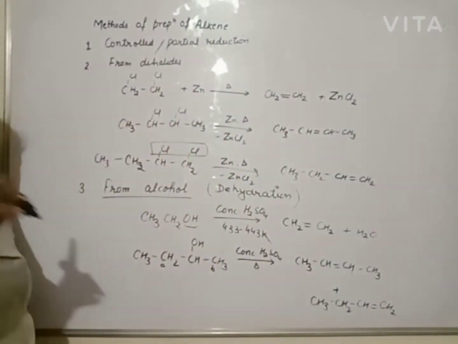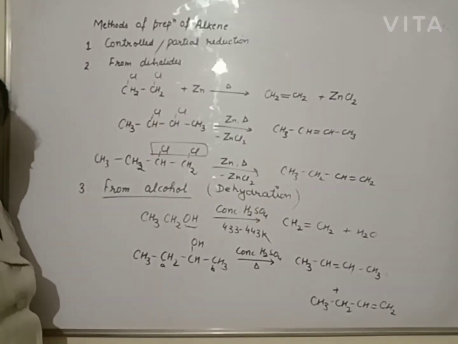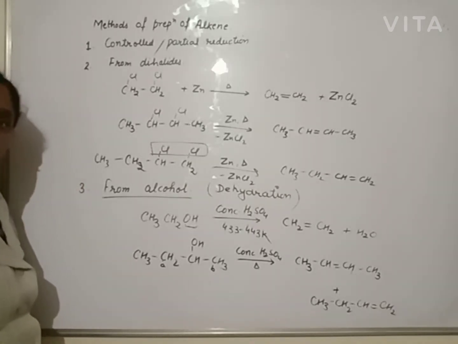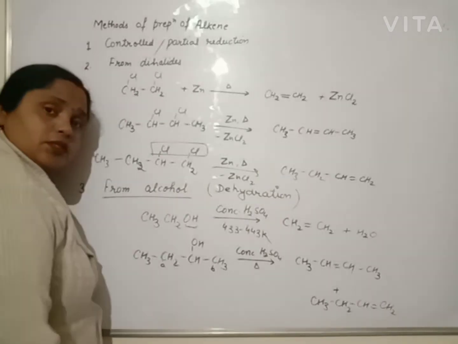Beta, here one rule is applied: if two or more alkenes are possible during dehydration, dehydrohalogenation, etc., the more substituted or more symmetrical alkene is more stable.